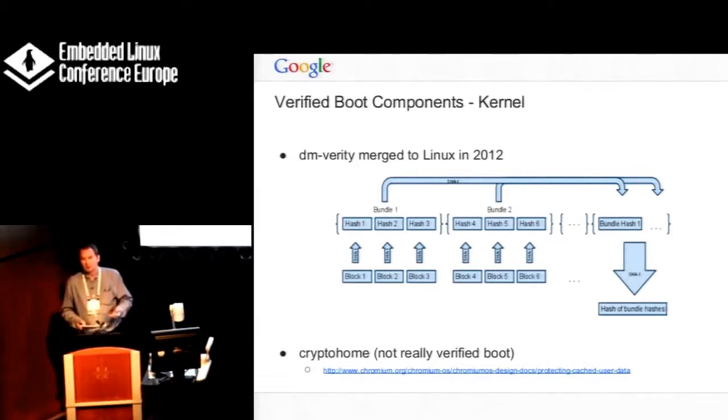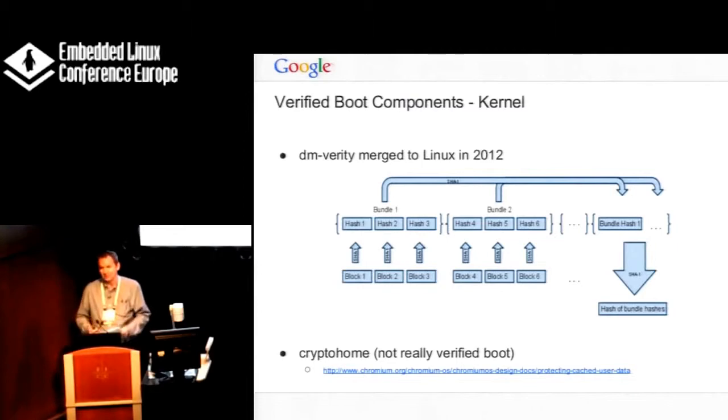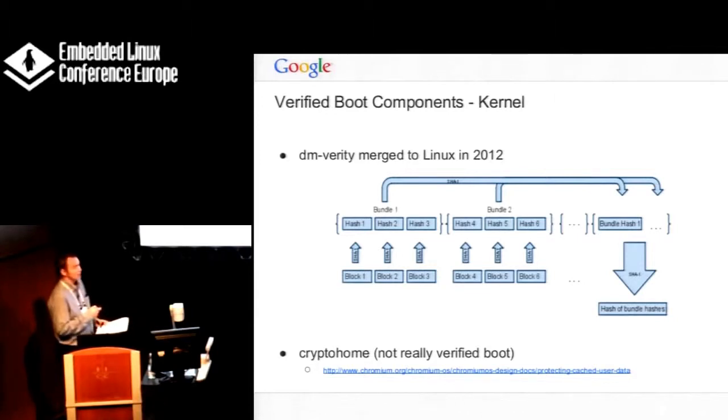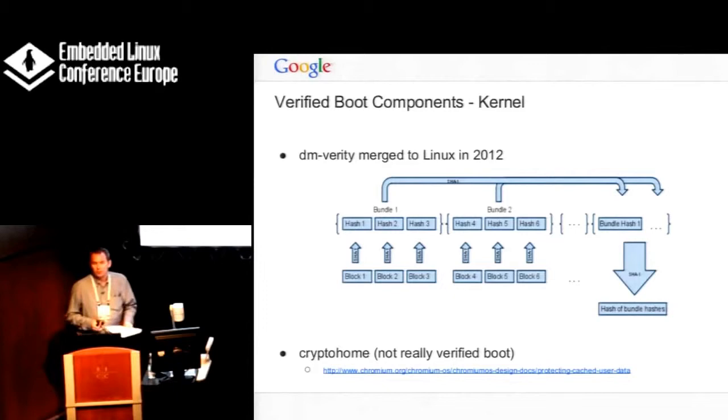Unfortunately, we don't really want to send a huge chunk of hashes down to the kernel. What we want to do is send one hash. So we hash the hashes, and then we hash the hashes, and so on, up to a tree, and we end up with this hierarchical structure here. At the very top level, there is a single hash value, and that's the only thing that firmware needs to pass to the kernel.